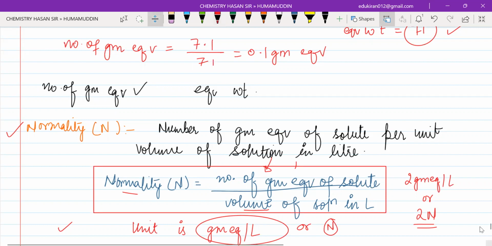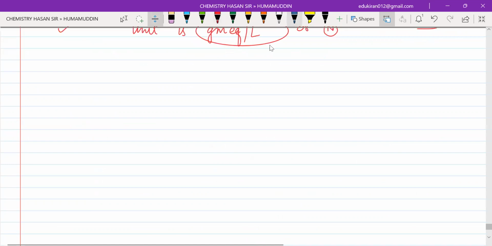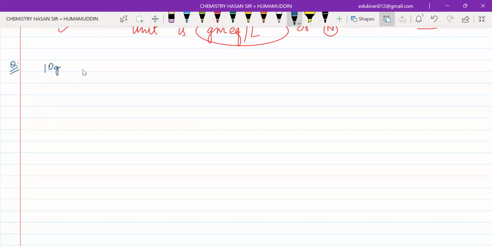Now I'm going to give you another question. 10 gram of CaCO3 present in 250 centimeter cube of solution.